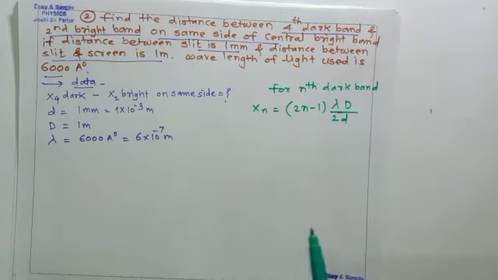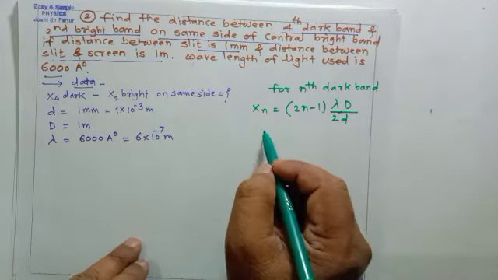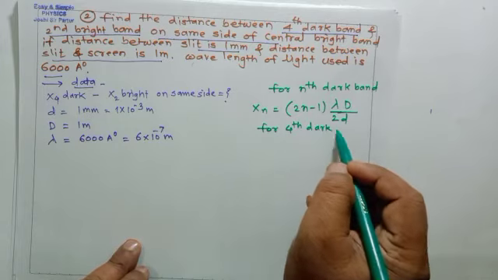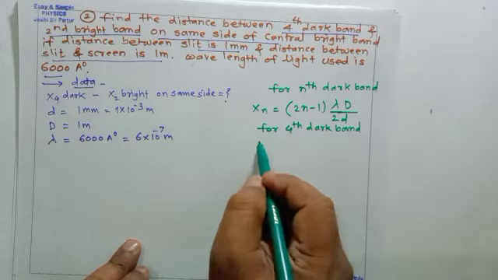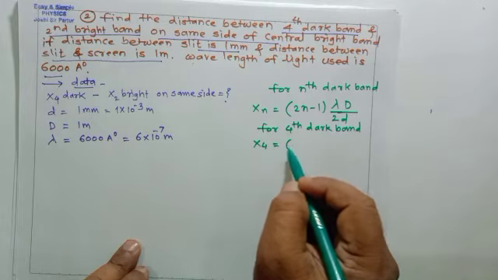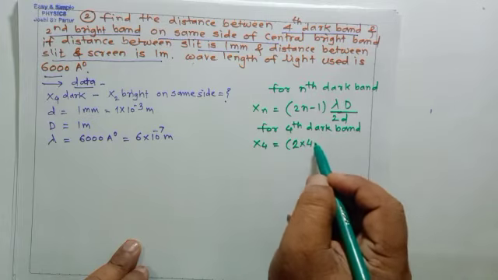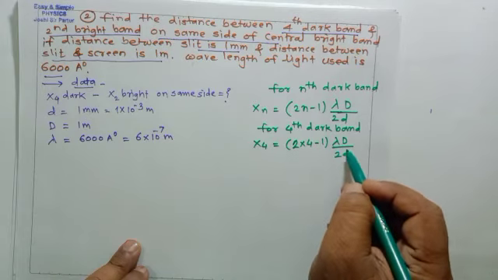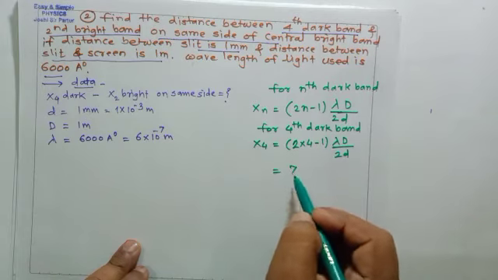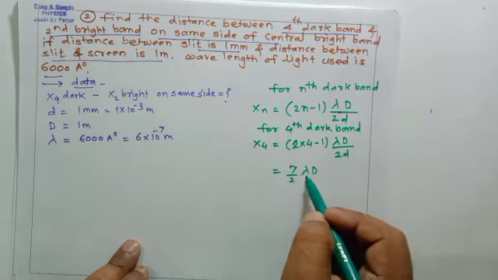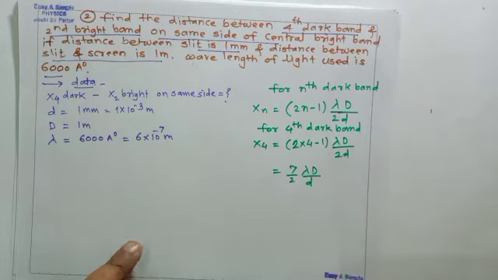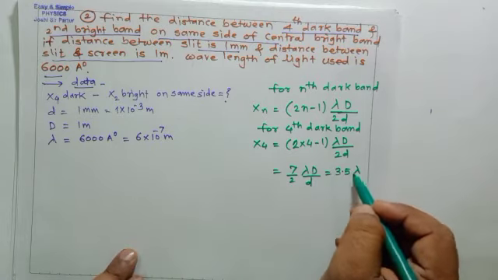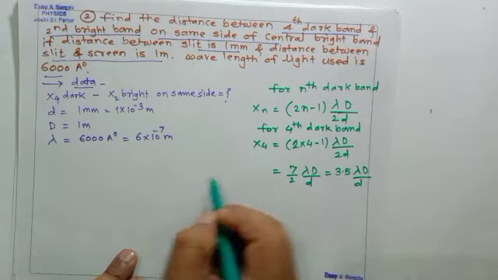So for fourth dark band, it will be x4, that is 2 multiplied by 4 minus 1 wavelength capital D upon 2 small d. It is 7 upon 2 wavelength capital D upon small d, or which will be 3.5 lambda capital D upon small d.